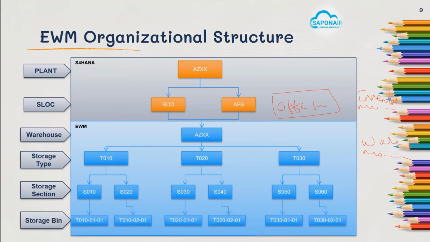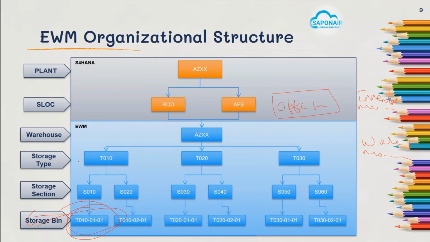And finally, the bin. So this is the location where you see the stock physically. It's like an address. It's my permanent address, exactly, it's my home address where I am living. So this is where the stock is stored.